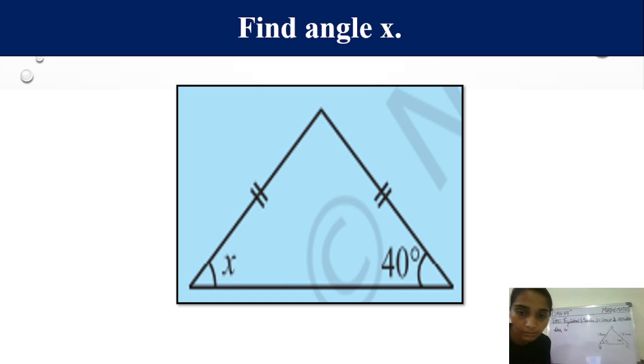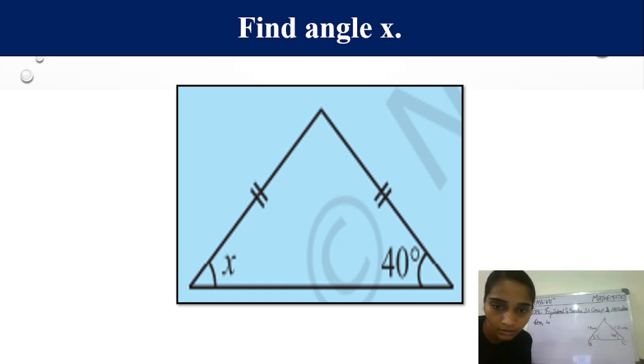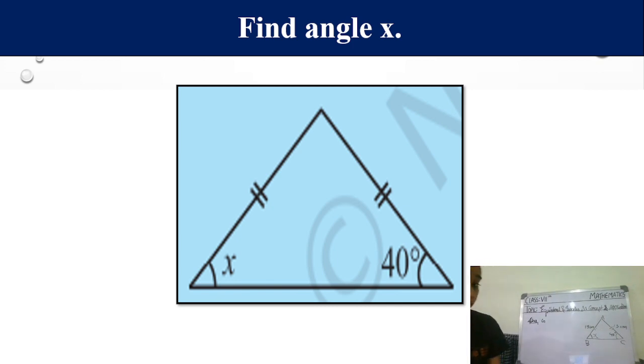I hope students you are able to see my whiteboard. Let me zoom out a bit. Yes, so since students, in an isosceles triangle, the base angles opposite to the equal sides are always equal.